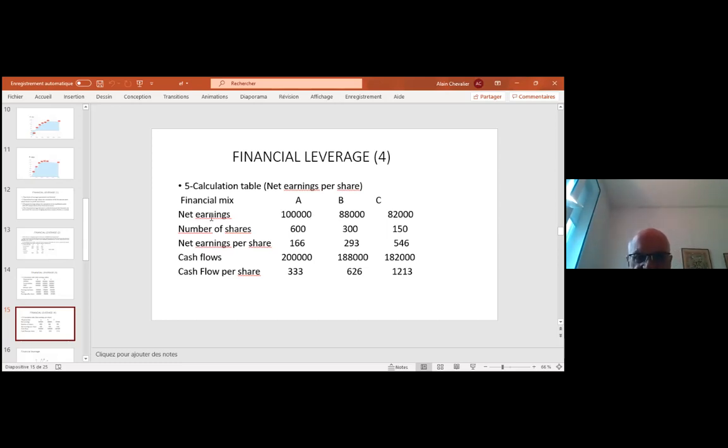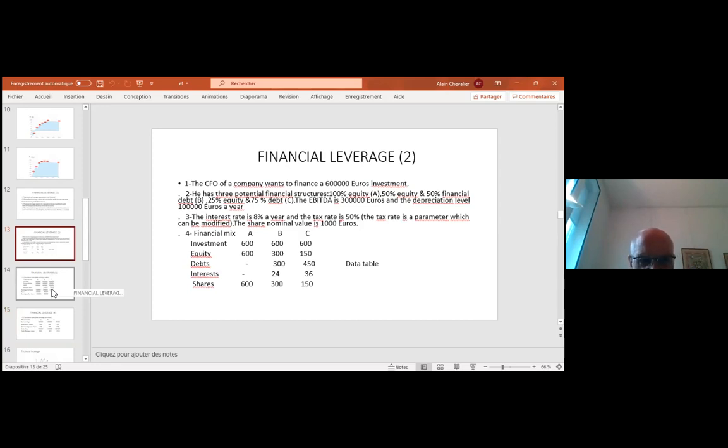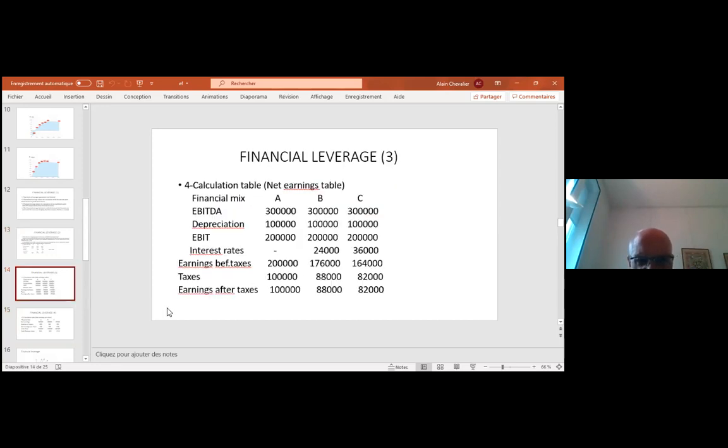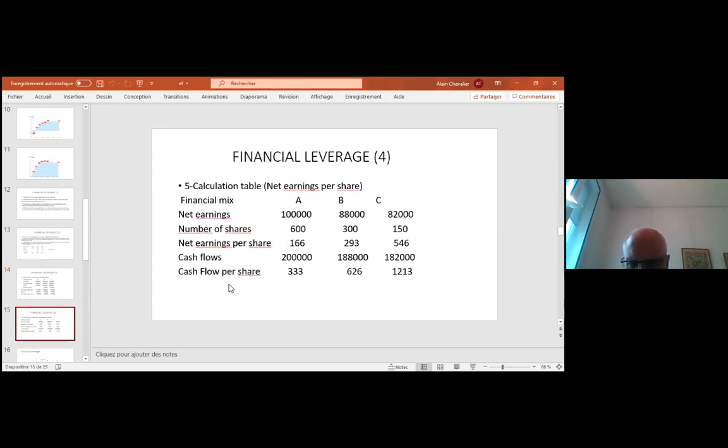So we have already found, in the three tables we went through, in particular in the last two, different elements of interest. We know that the net earnings is declining when we have more debt. The higher the debt, the lower the earning after taxes. We know that the global cash flow is also declining.